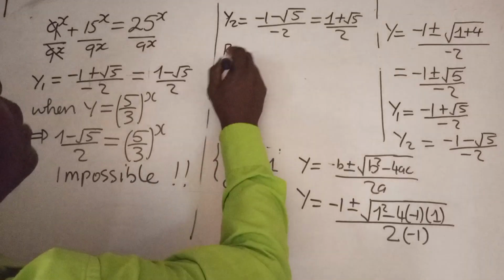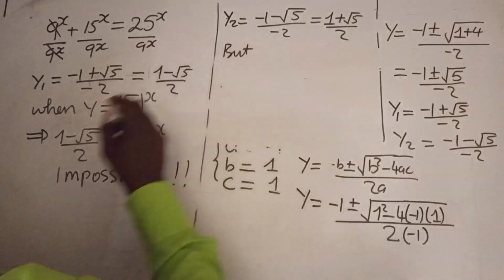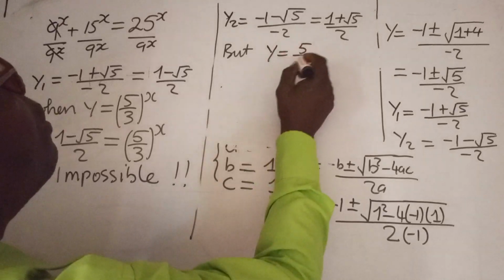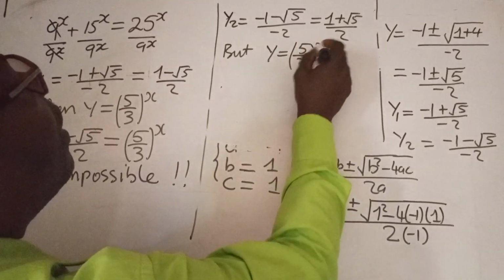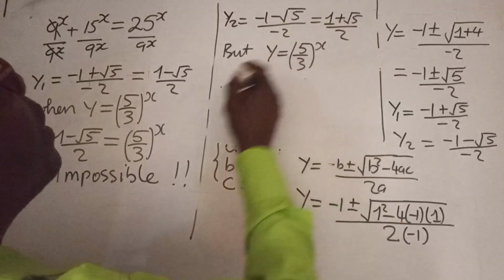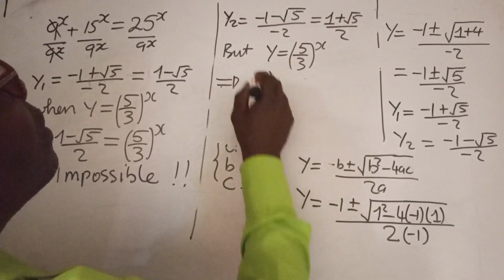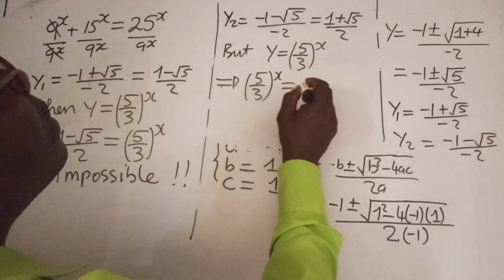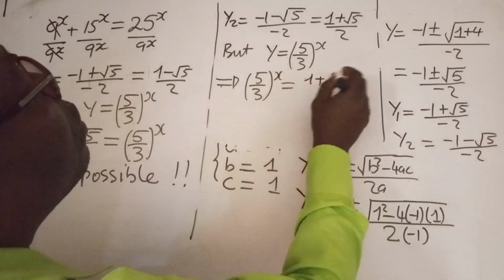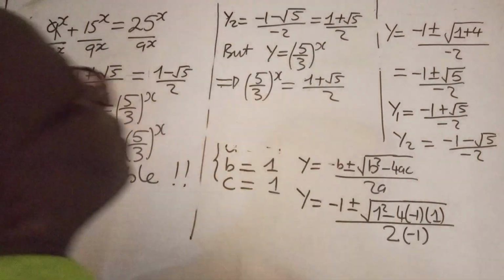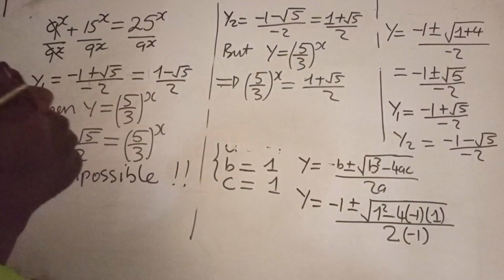Now we know that y is 5 all over 3 to the power x. Now put that there. We are going to have 5 all over 3 to the power x is equal to 1 plus root 5 all over 2. This is clearly possible.